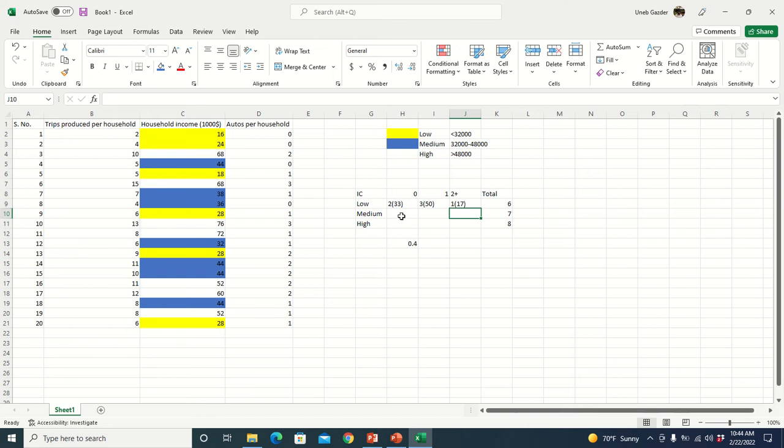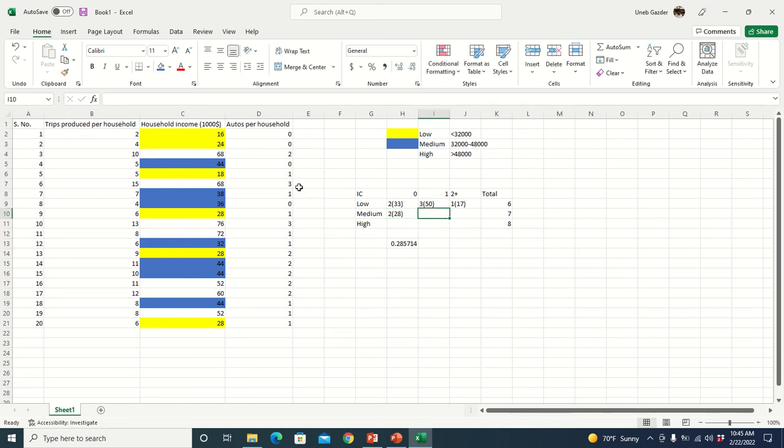Then we have medium income, which is basically the blue ones: 1, 2, 3, 4, 5, 6 and 7. I made no mistake there for the medium income category. Out of 7, how many of them have 0 autos? This one and this one, so 2 out of 7, which is almost 28%.